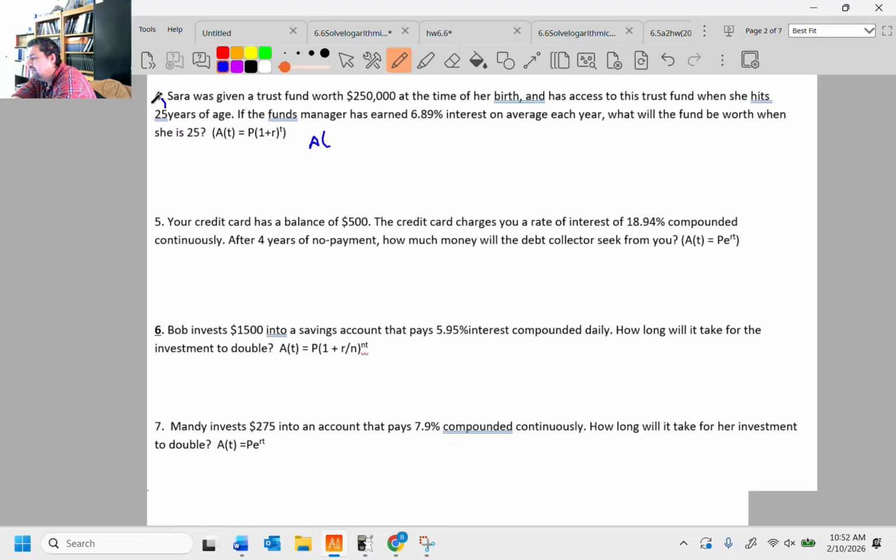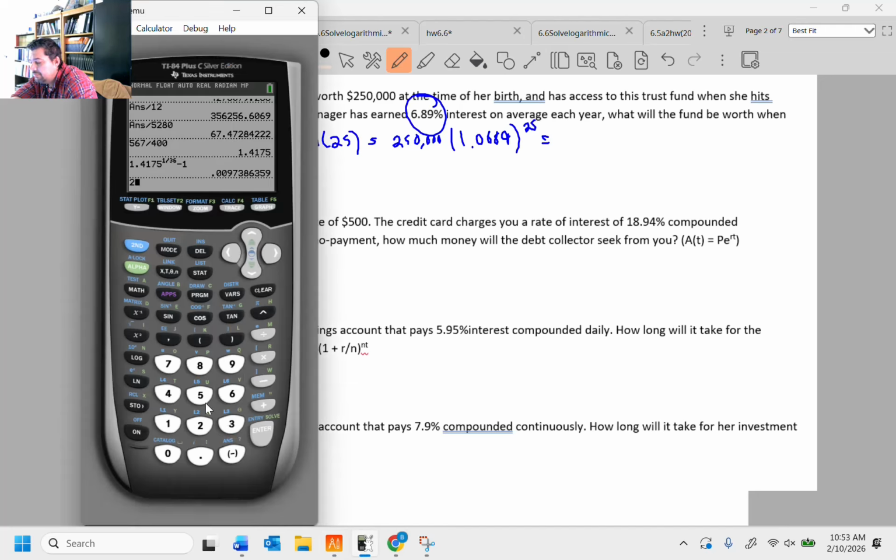The amount in 25 years is simply the principal, 250,000, times 1 plus 0.0689, 1.0689, and then we raise it to the 25th power. Sarah's going to be wealthy.